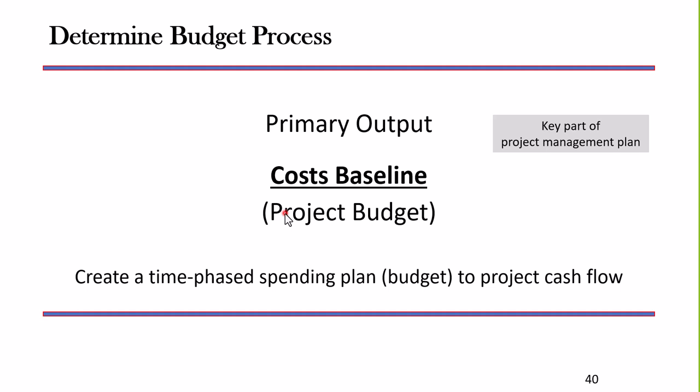So the determine budget process gives us the cost baseline. Now we have our scope, schedule, and cost baselines, which are foundational to the details of the project and what we're going to be delivering, what our expected schedule is, and what our costs are expected to be.